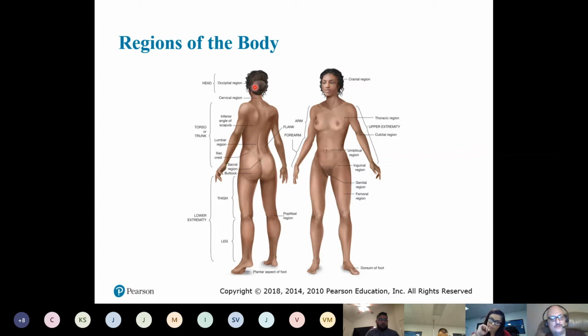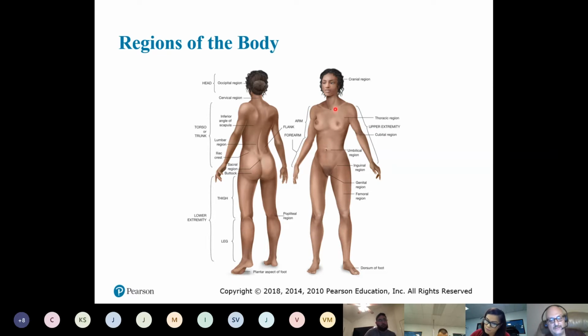All right, so cervical, head, all that, the skull right here, the face, the neck, the shoulder, the arm. So the humerus, that's the bone right here, is the arm. You have the elbow, the forearm, the wrist, the hand.